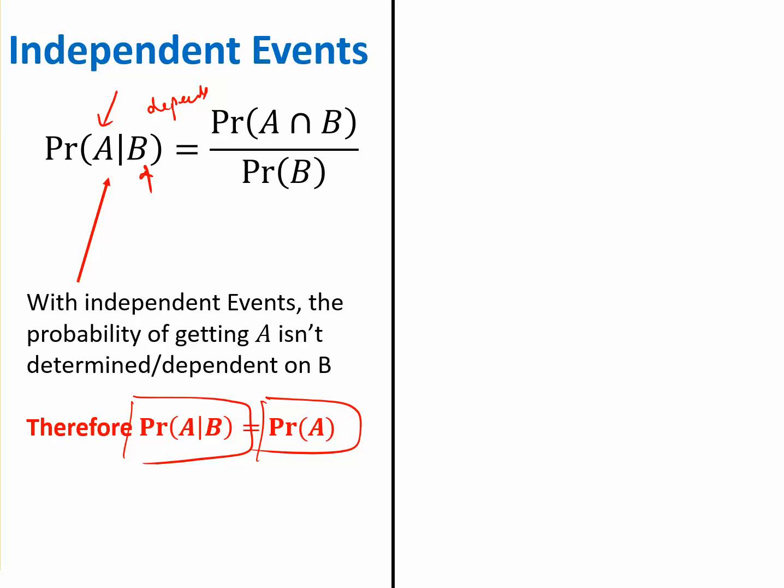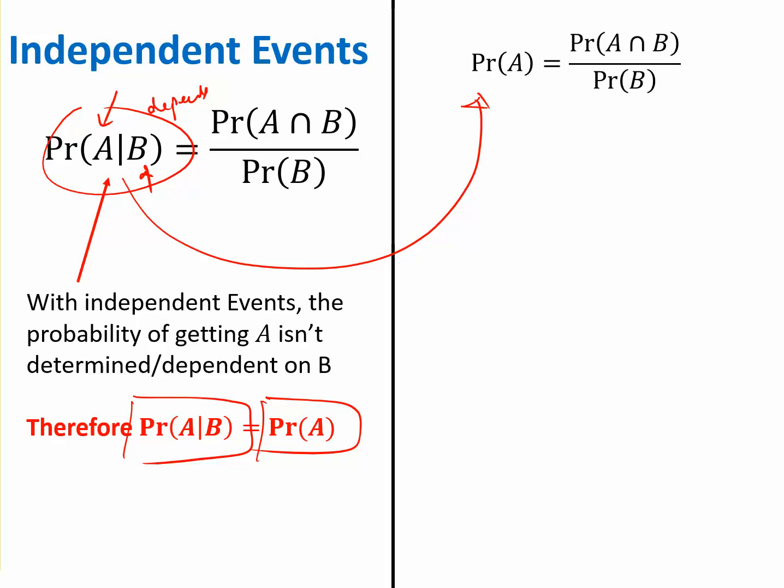Okay? How does that change things? That means that the formula now changes your probability in the sense that A given B no longer is a problem.